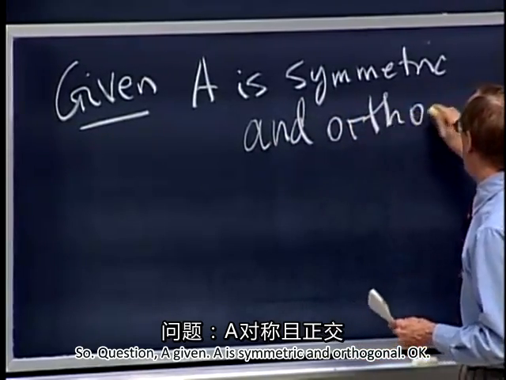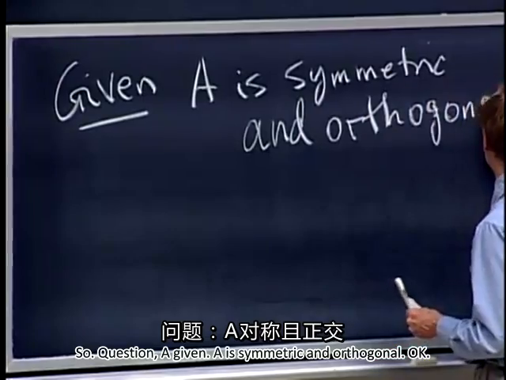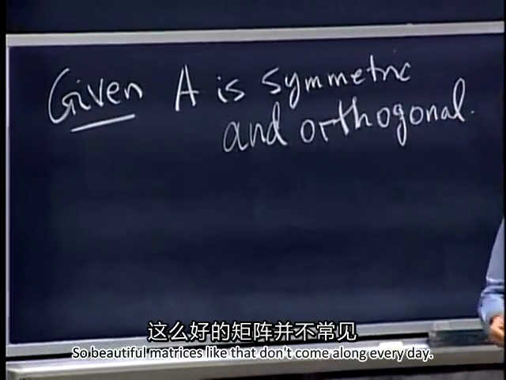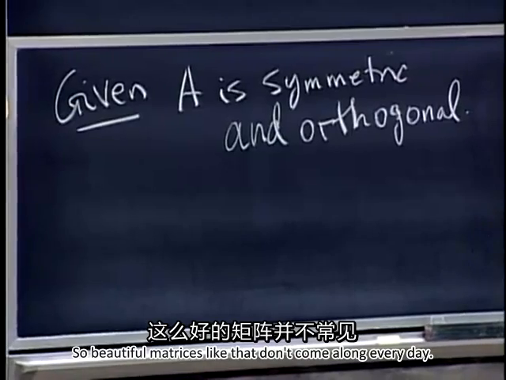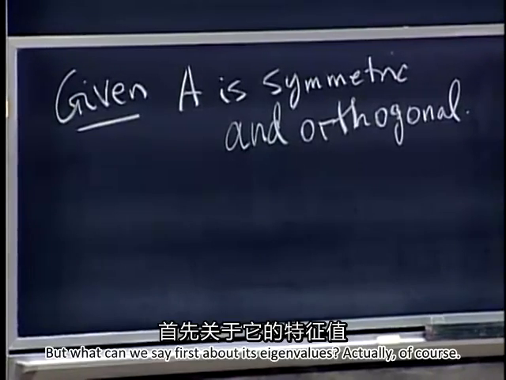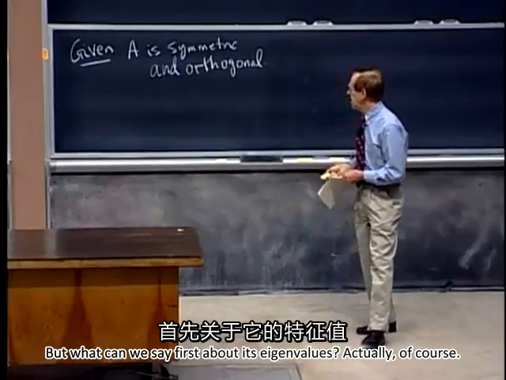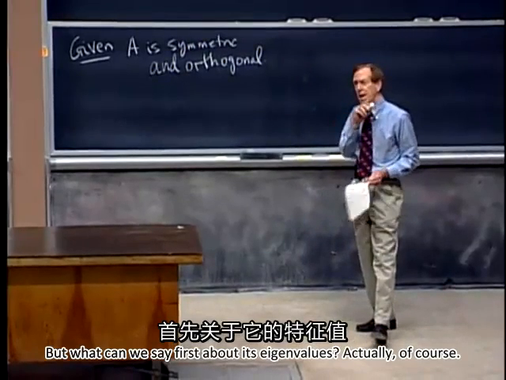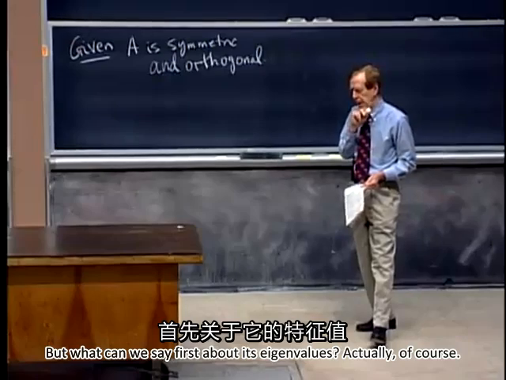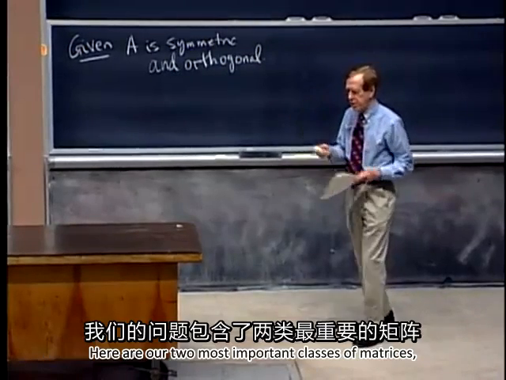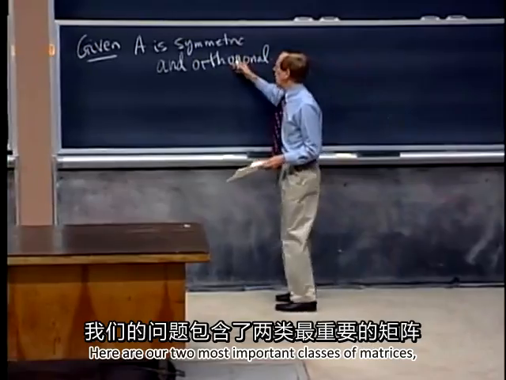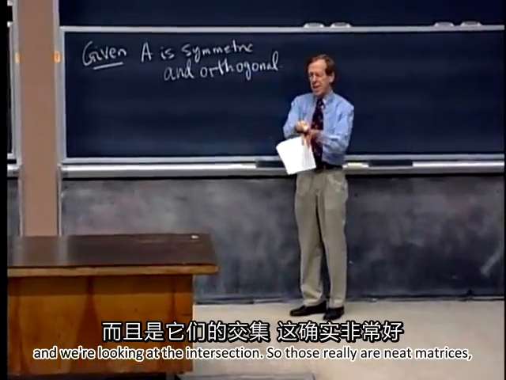Okay. So beautiful matrices like that don't come along every day. But what can we say first about its eigenvalues? Actually, of course, here are 2 most important classes of matrices, and we're looking at the intersection.